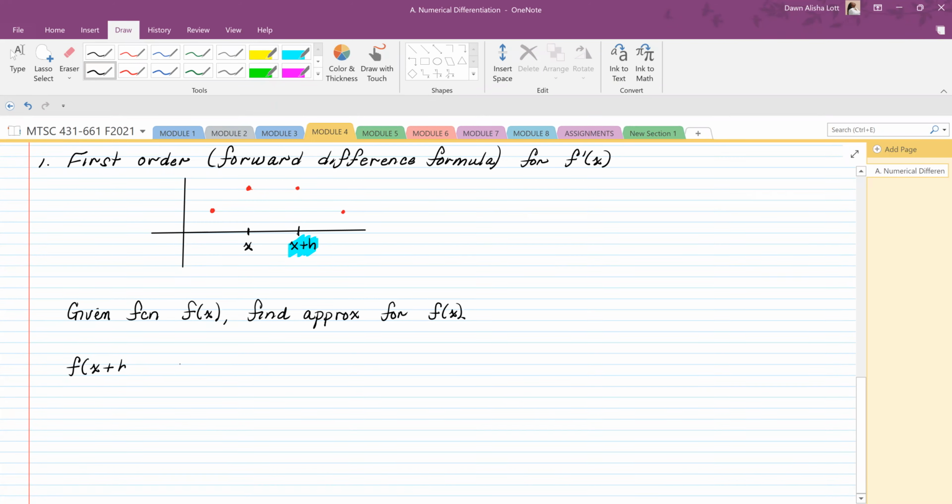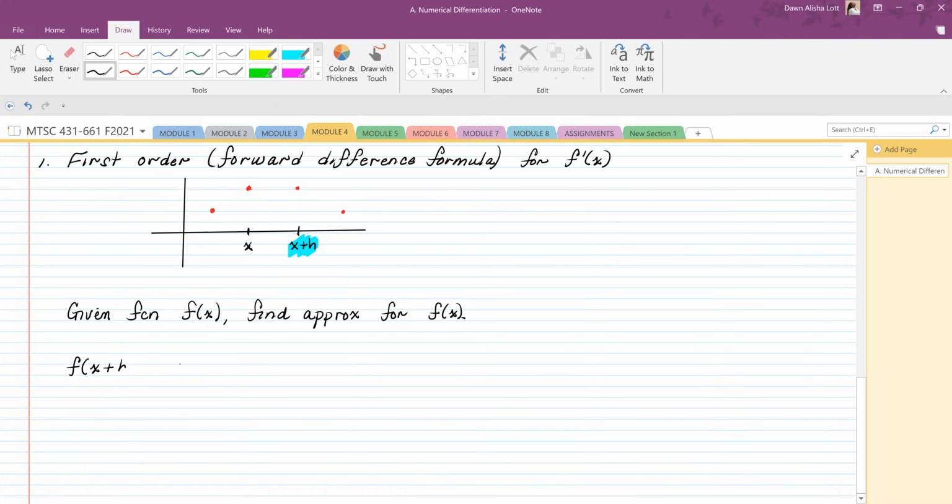So I get f prime of x times h turns out to be f at x plus h minus f of x minus f double prime at x h squared over 2 factorial minus f triple prime at x h cubed over 3 factorial, plus or minus dot, dot, dot.